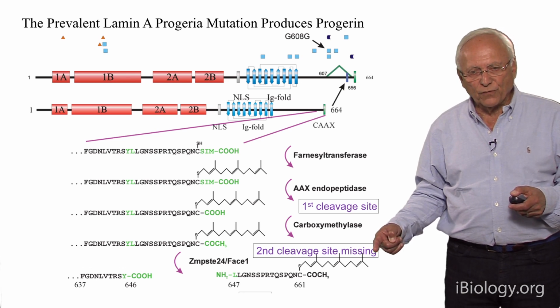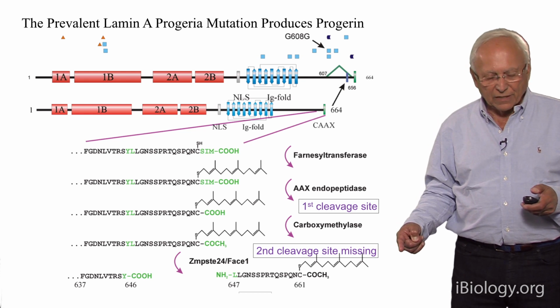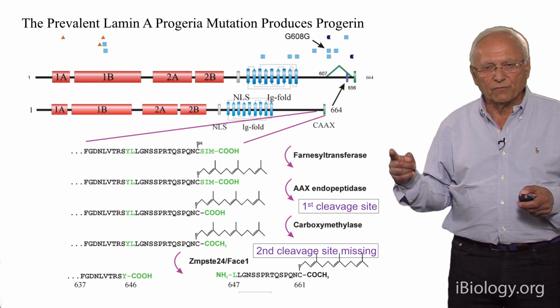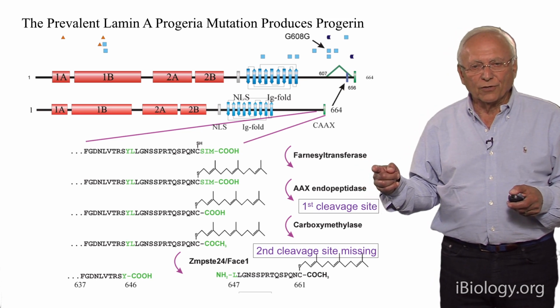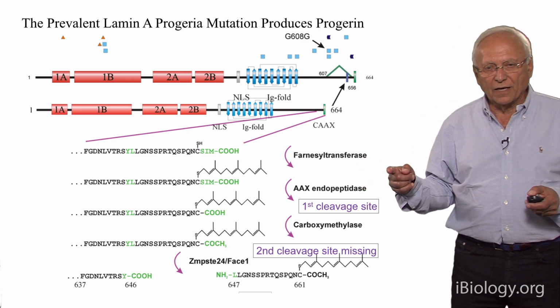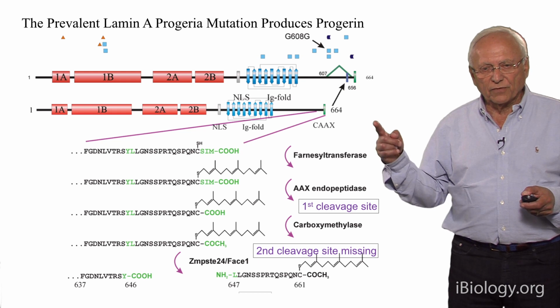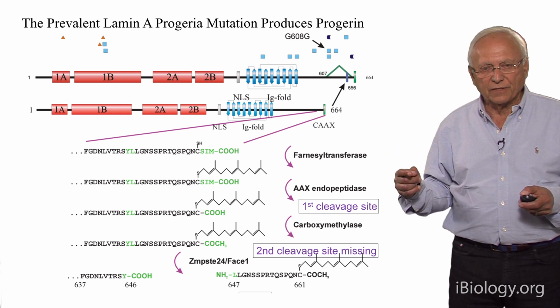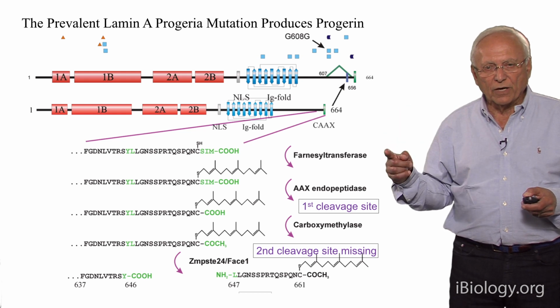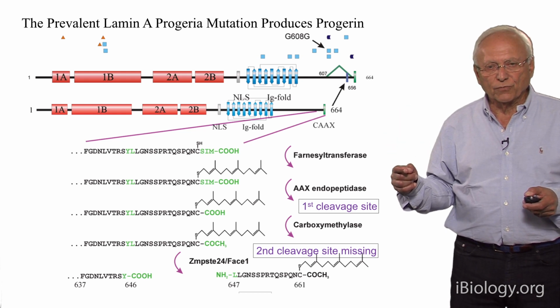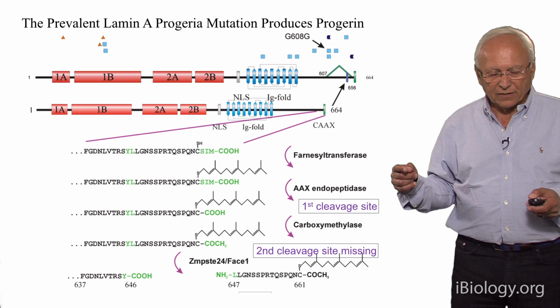So the ZMPSTE24 can't work, and therefore you get a permanently farnesylated form of mutant lamin A working together with its normal wild-type allele. That's the most prevalent form of progeria, accounting for 70 to 80% of all the patients known. There are other very rare mutations in different regions of the protein, but this is the one that's most common.